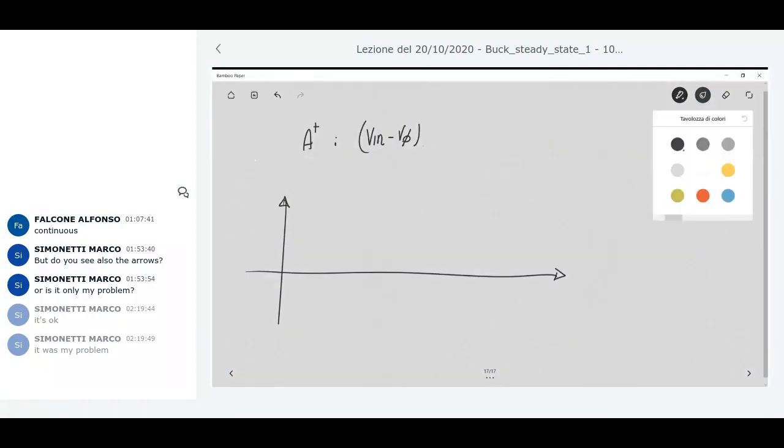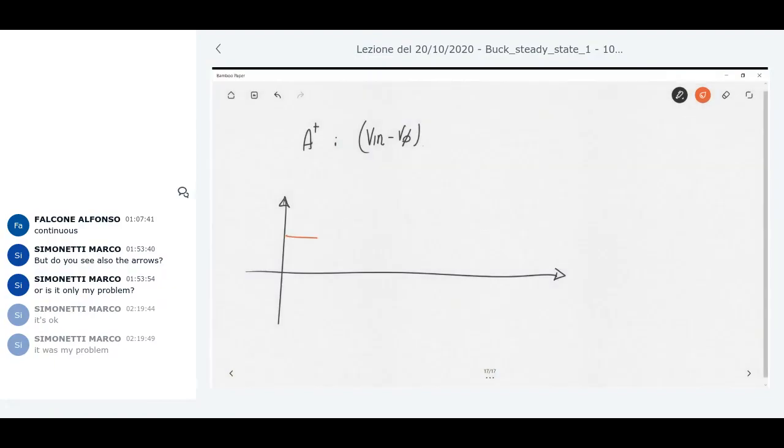Minus the voltage across the inductor. Okay, we have Vin minus V naught, and then I have minus V naught, over Ts and Ton. Remember, this is the voltage across the inductor VL.